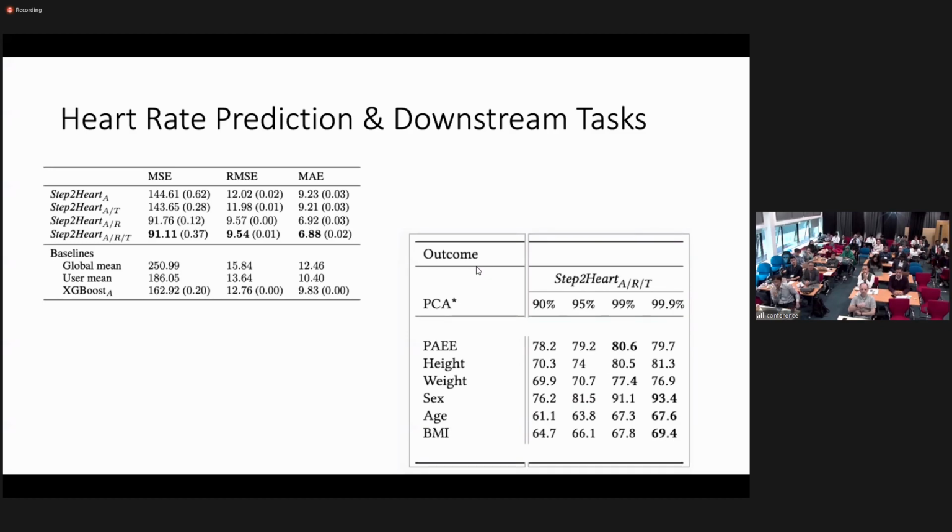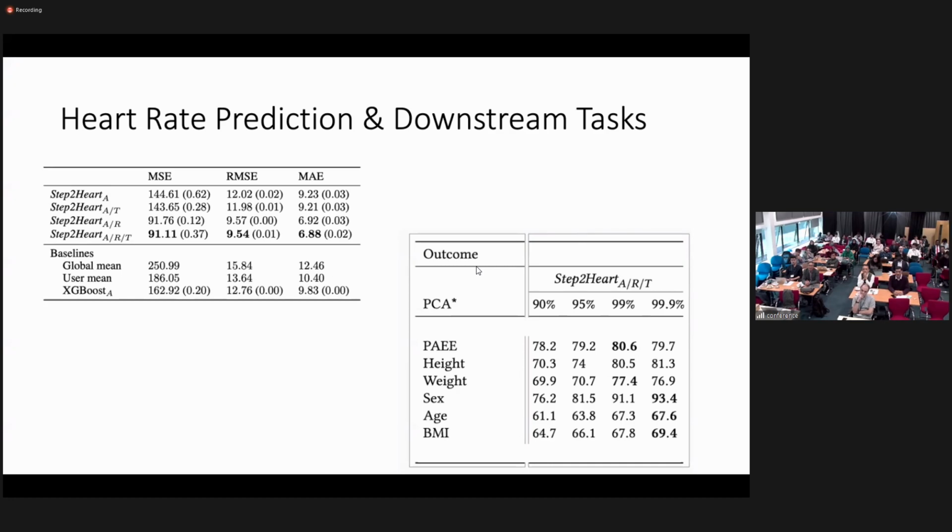And these are just a few results. Let me perhaps explain what these numbers mean. We use just acceleration data and the time, acceleration data and resting heart rate, and acceleration data, resting heart rate, and time. And this is the embedding results.